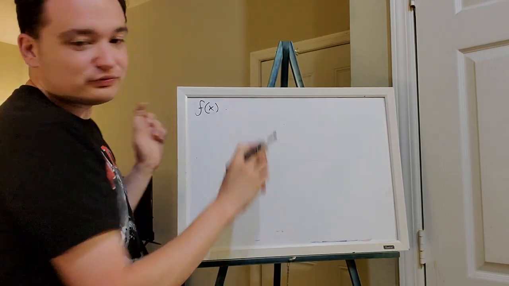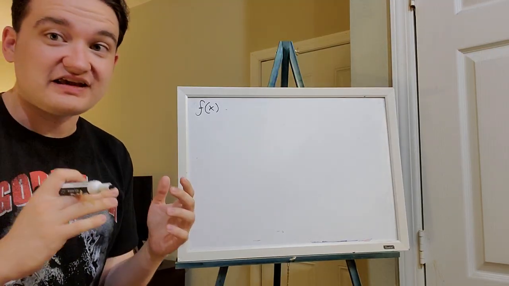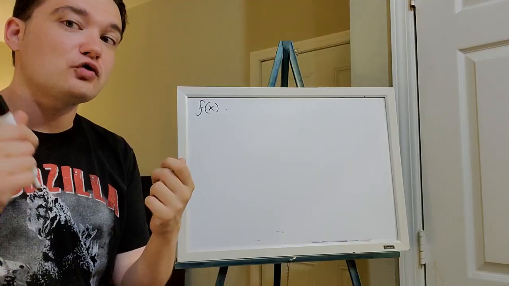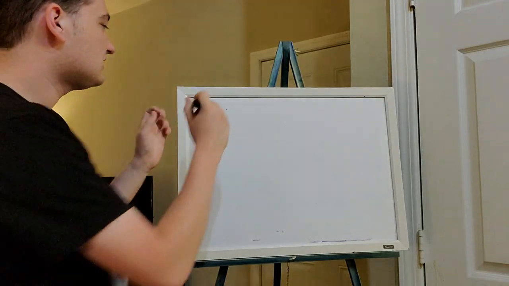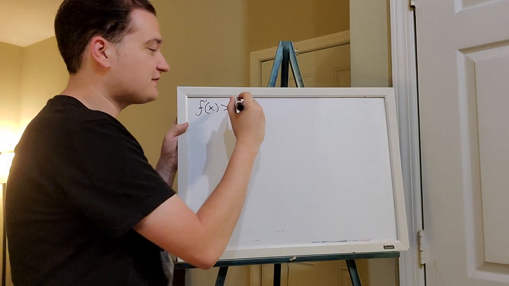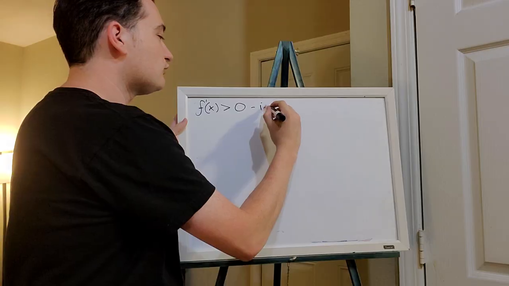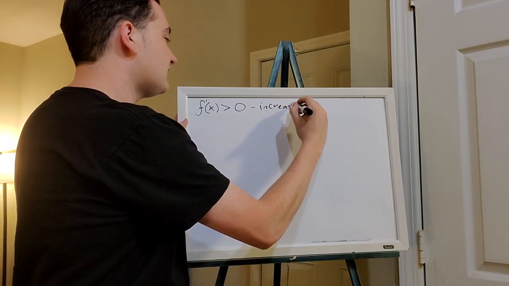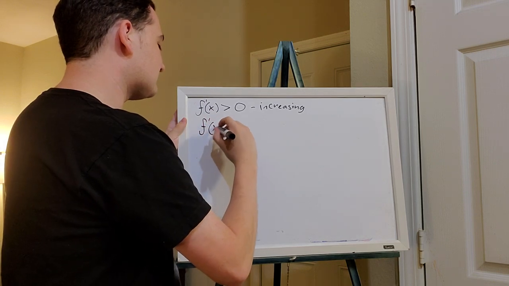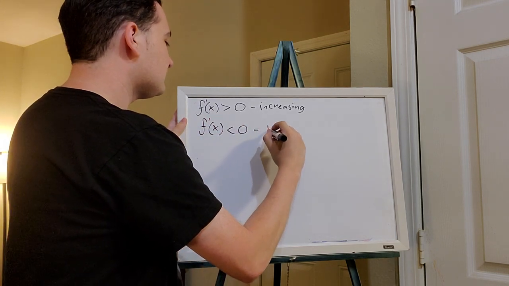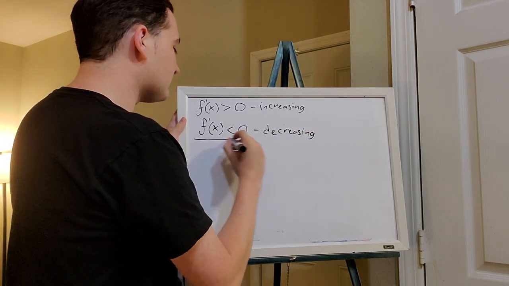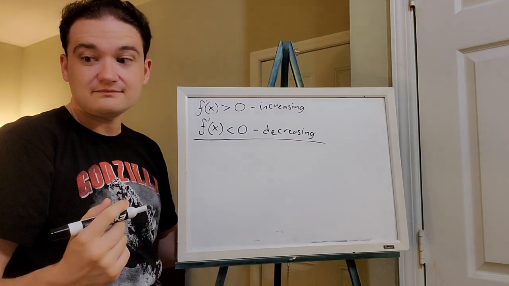But how do we tell if a function is increasing or decreasing? We see if its derivative is positive or negative. Let me write that up. If the derivative of f of x is greater than 0, we're increasing. Our y values are going up. And if our derivative is less than 0, we are decreasing, our y values are going down. So that's one thing we can tell from derivatives, right?